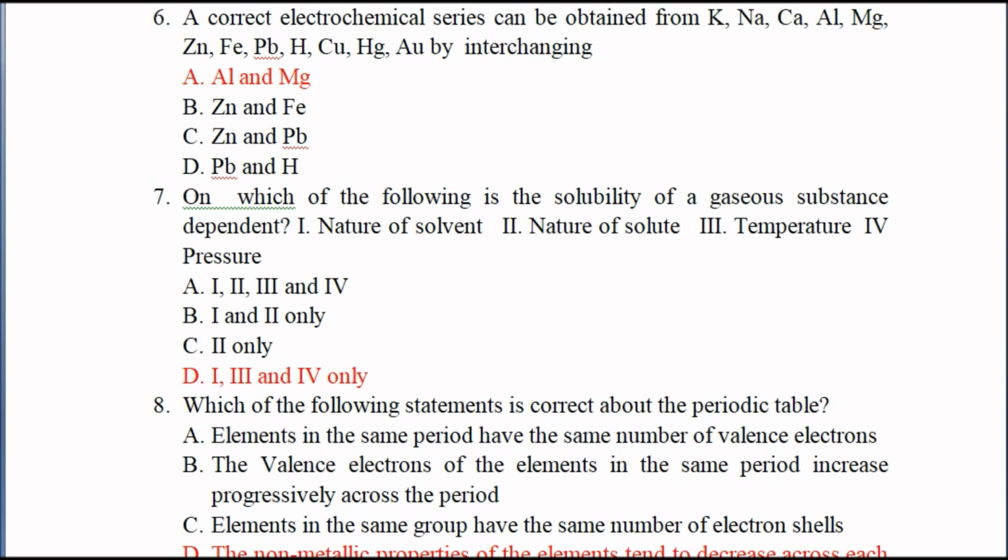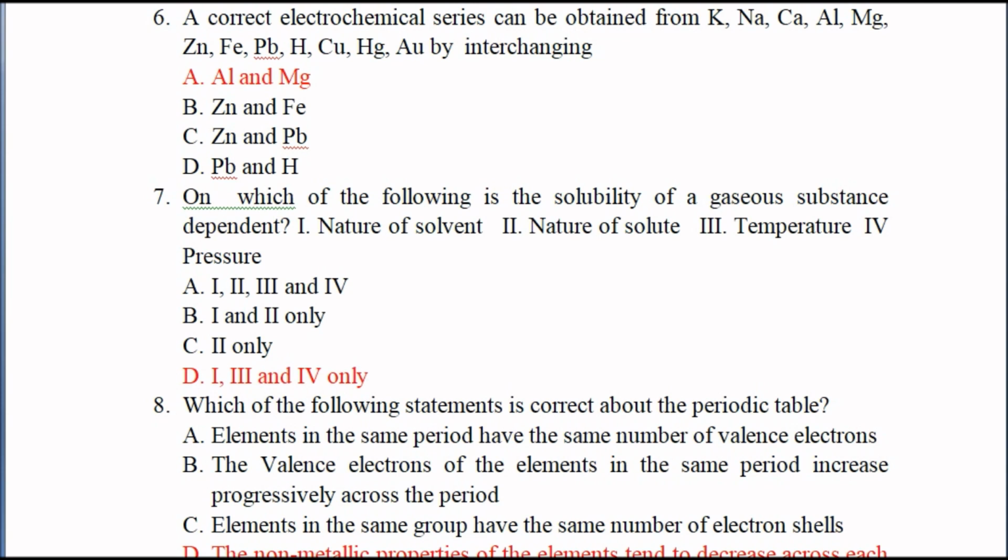Number 7. On which of the following is the solubility of a gaseous substance dependent? A. nature of the solvent, that's I. nature of solvent, II. nature of solute, III. temperature, IV. pressure.